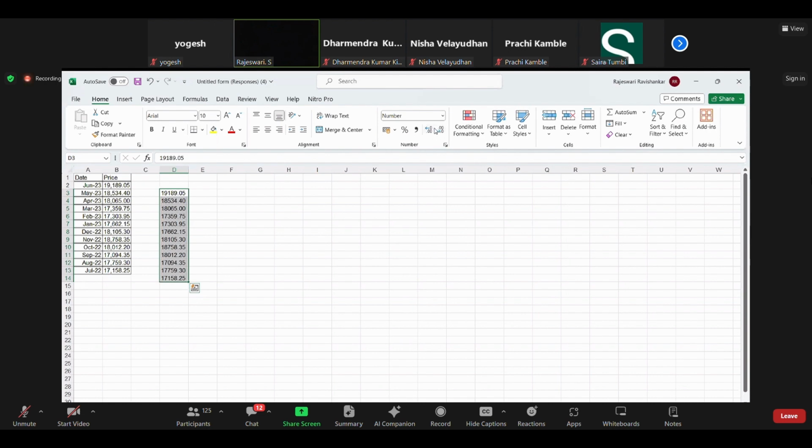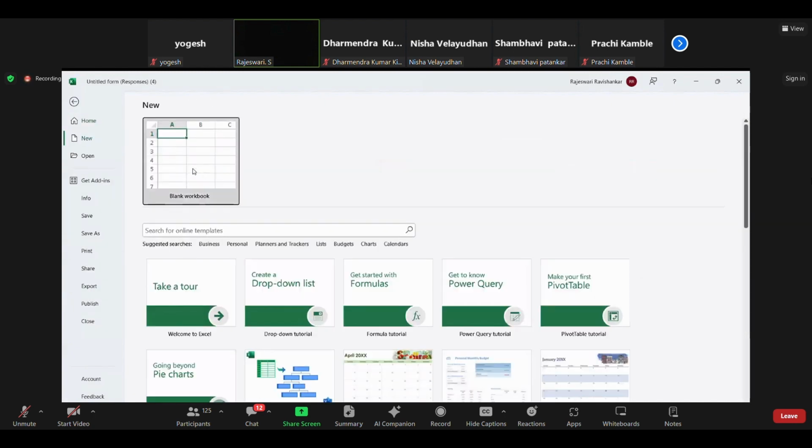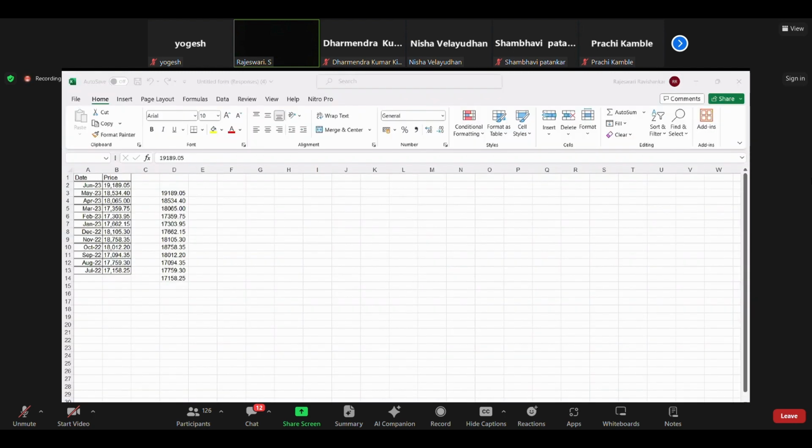So there is some issue in the Excel, I guess. That's the reason it is not accepting the numerical values. So I'll take a fresh Excel sheet. All right.